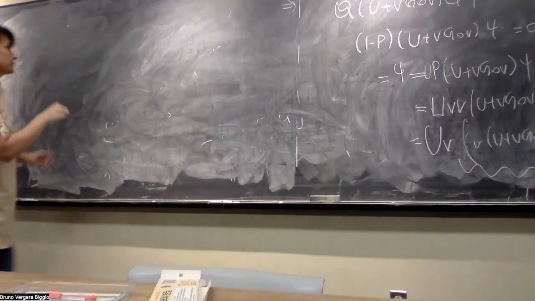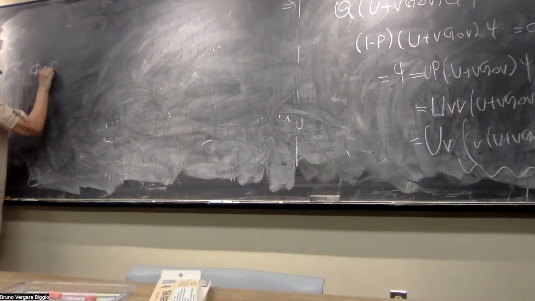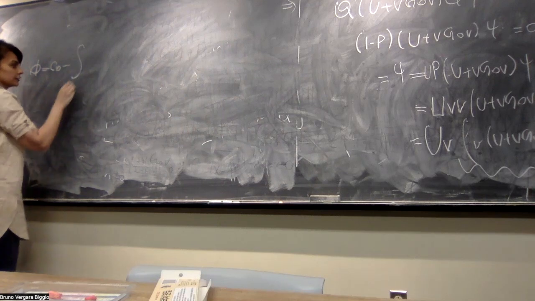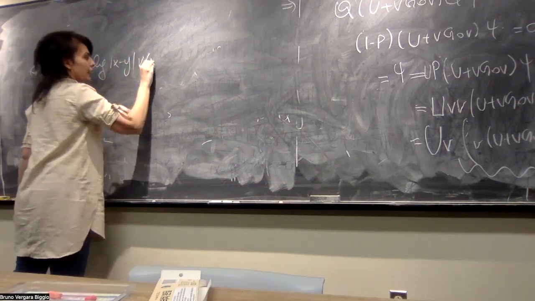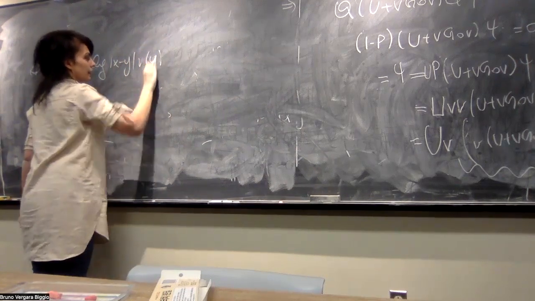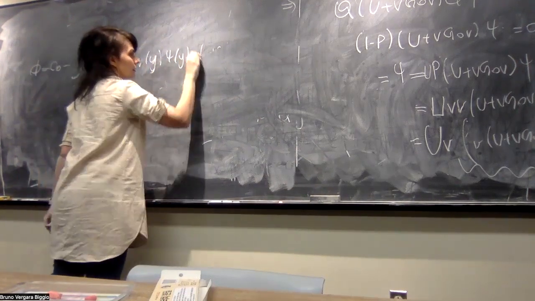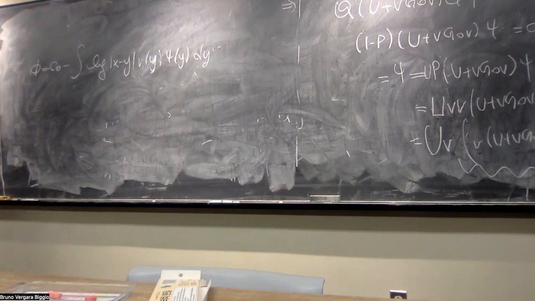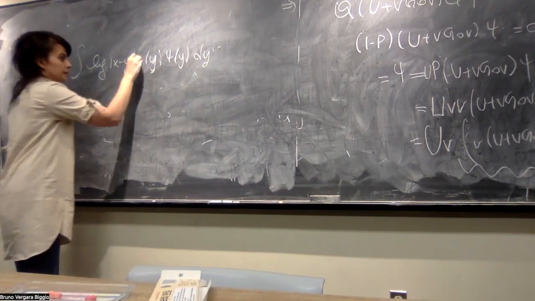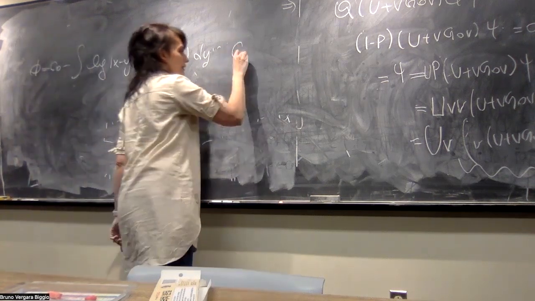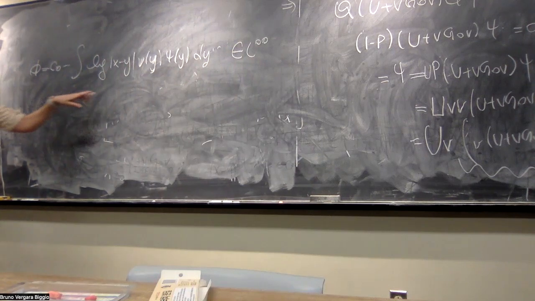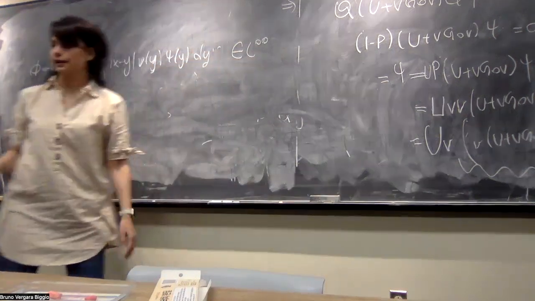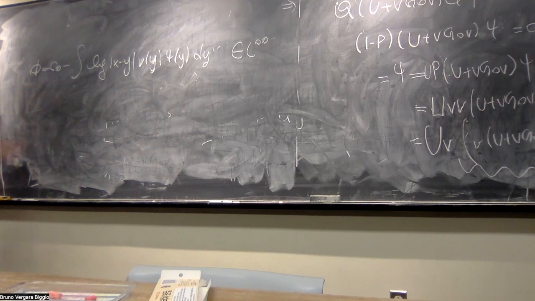So in particular, my phi is going to look like C0 minus integral logarithm of x minus y, V of y, C of y, dy. So this is how it's done. And you see, this is in fact in L infinity. So in 2 dimensions, my resonance starts with an L infinity, and that's because of the C0.